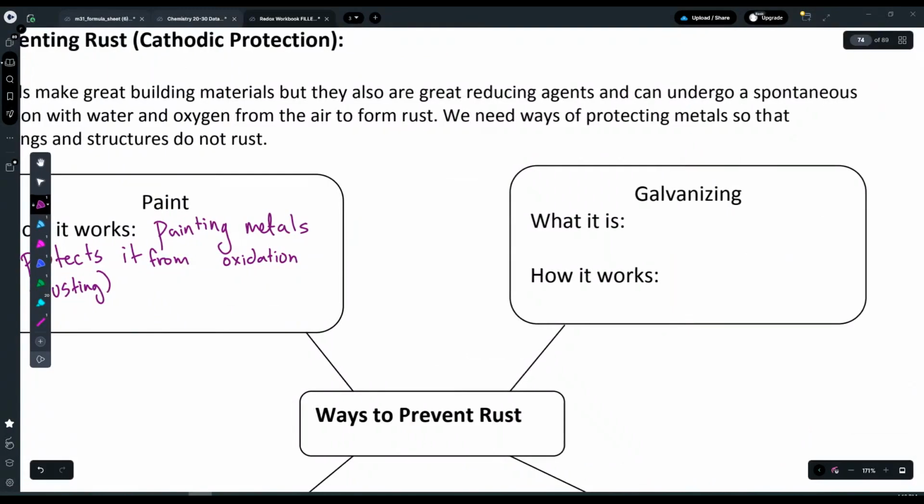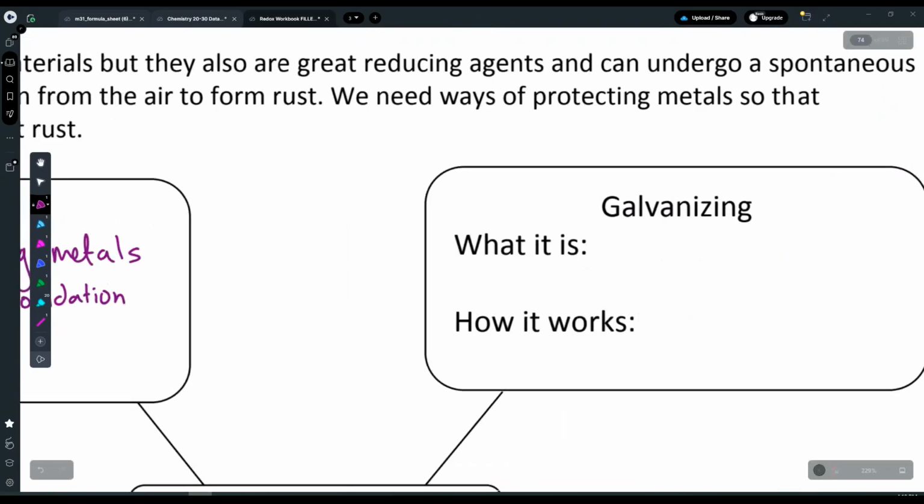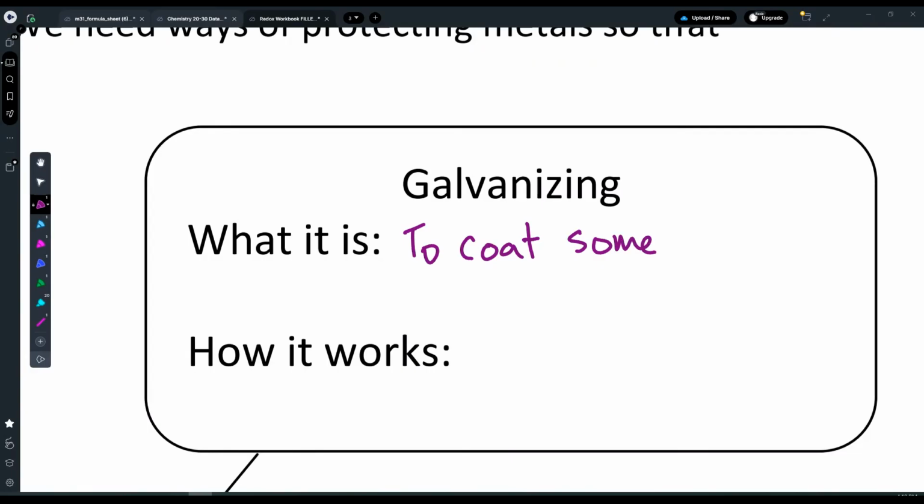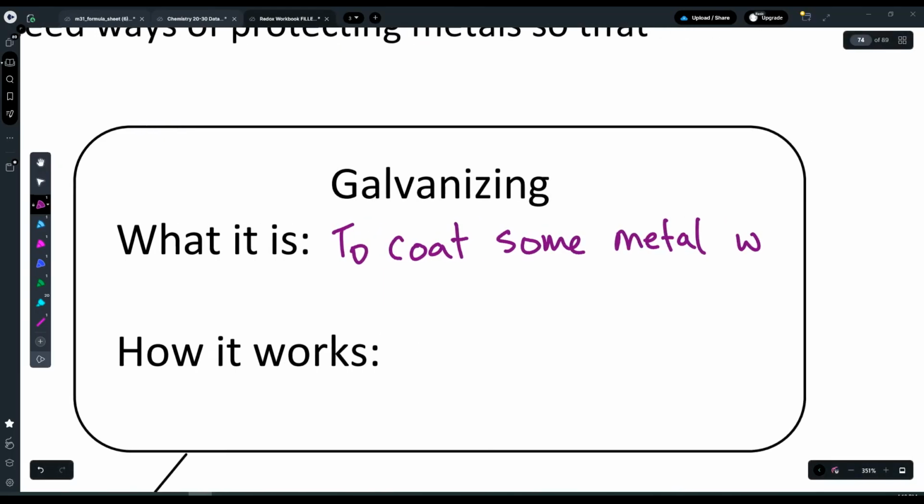Okay. Now another way that we can protect metals is through galvanizing them. So galvanizing is a specific process in which we coat some metal with zinc. And galvanizing is very specific that it uses zinc to protect whatever metal you're trying to protect.